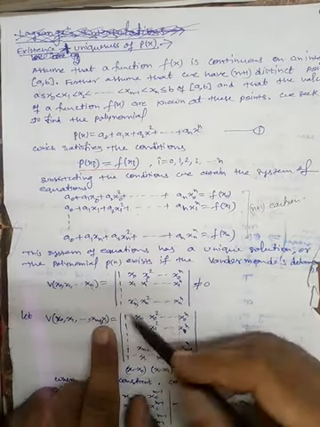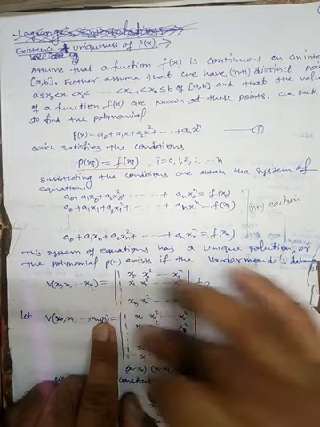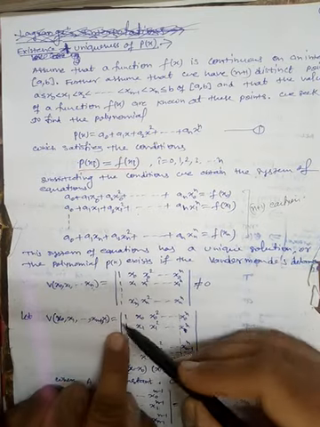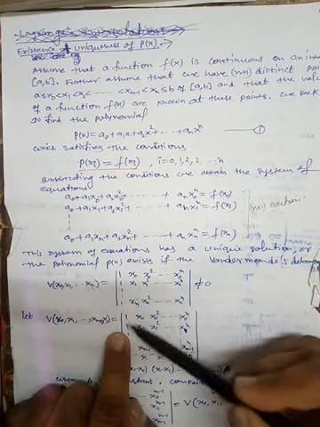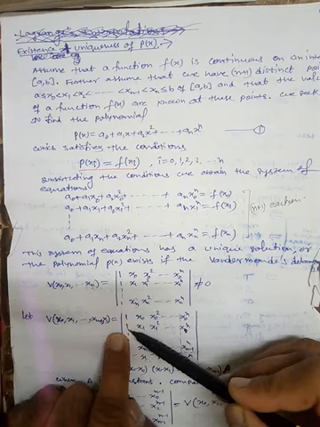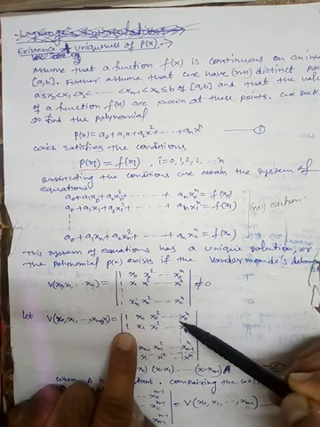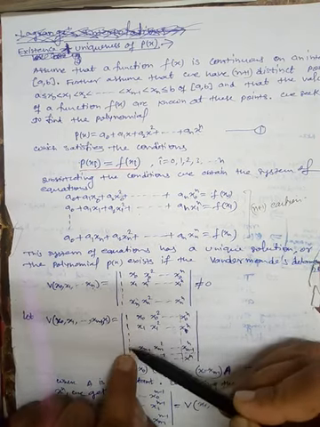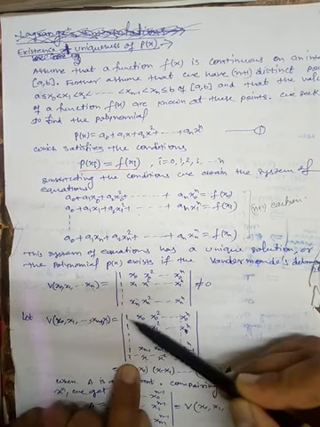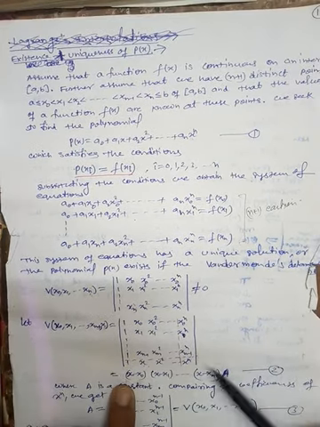Because we have replaced xn by x. Here is xn, here is x. So when you open this determinant or simplify it, just subtract the first row from the second row, the third row, and the nth row. So ultimately you will have these types of factors.